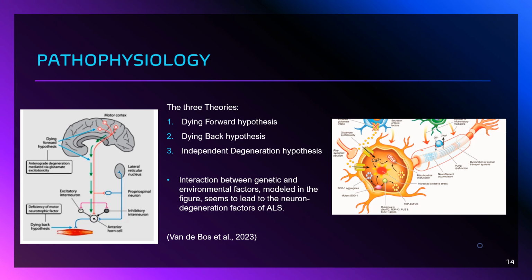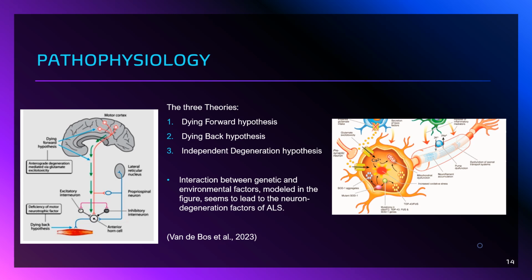So, like I said, the dying forward hypothesis is from the brain to the muscles, whereas the dying back hypothesis is from the muscles to the brain. Whereas the dying forward hypothesis looks at the upper motor neuron as the effector, the dying back hypothesis looks at the lower motor neuron as the effector.